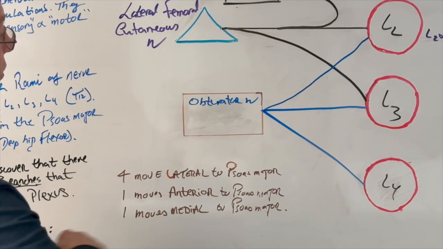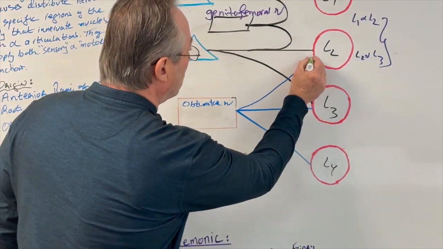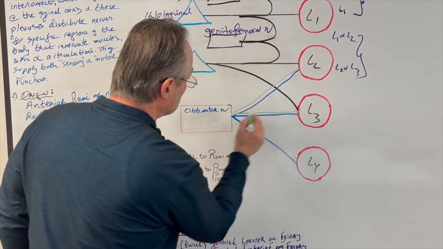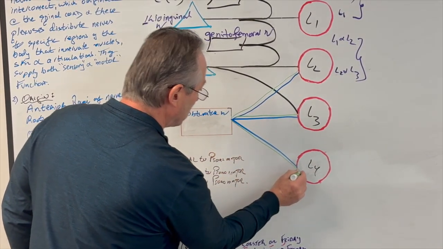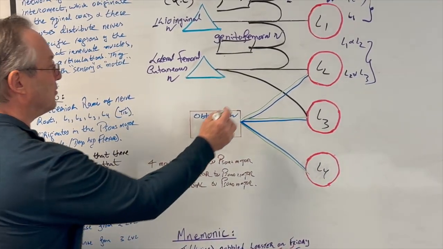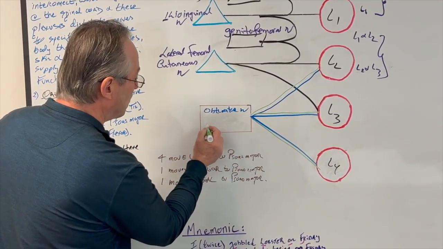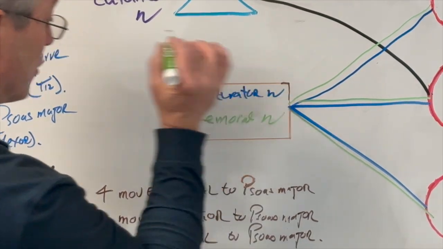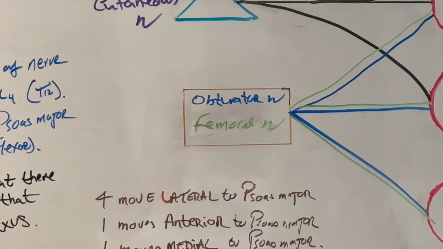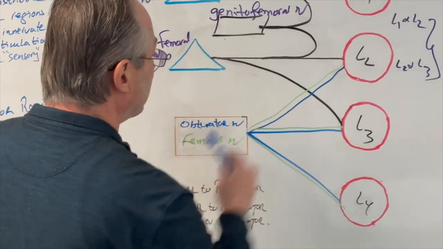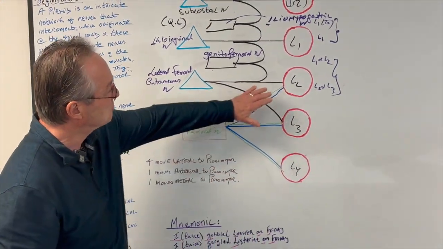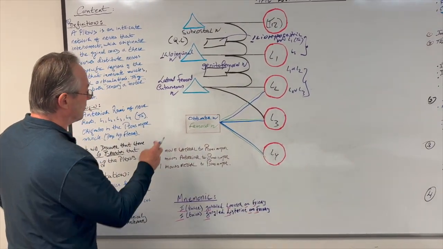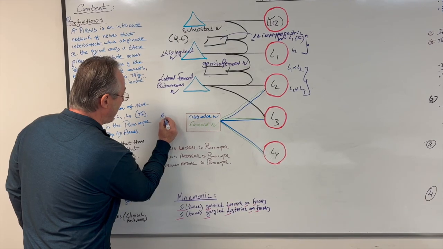And then we'll draw another arrow, green. Please forgive my poor artistic work, but you get the point. We have another arrow, and that one is the femoral nerve.